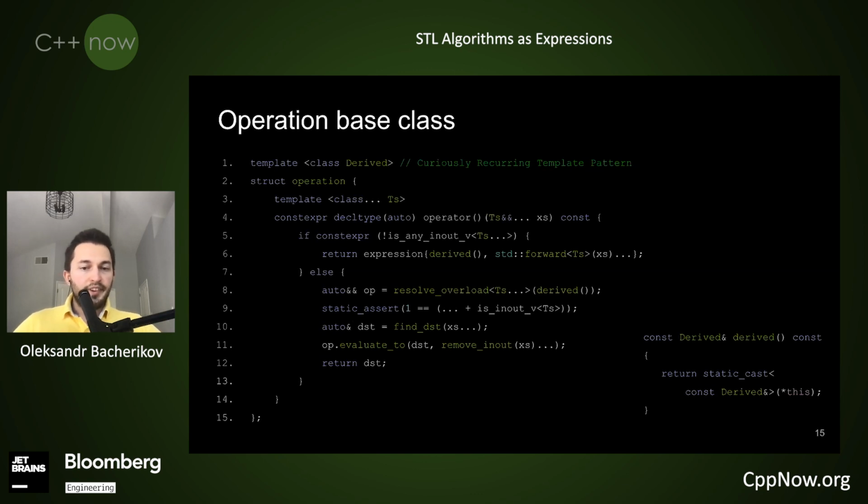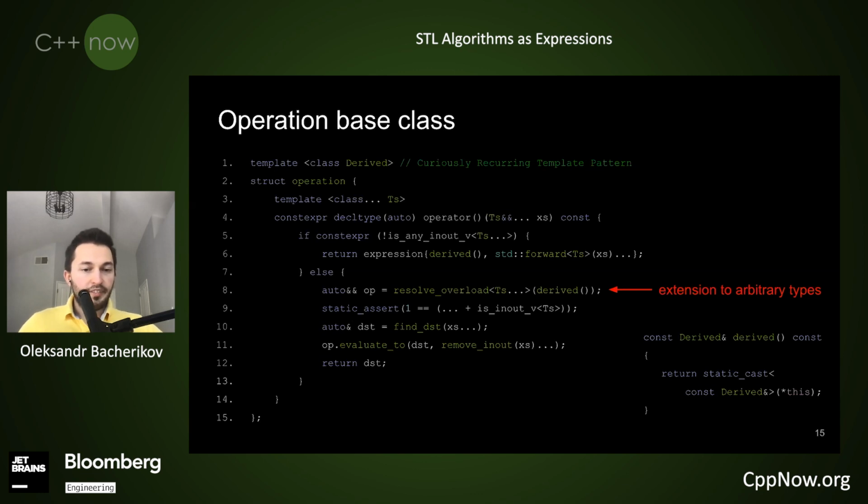Otherwise, we actually evaluate the result into this output parameter. And here, I'd like to highlight line 8. This is the point that allows the extension to arbitrary types. We basically resolve overload of, for example, our universal add into a scalar add or range element-wise add or whatever.